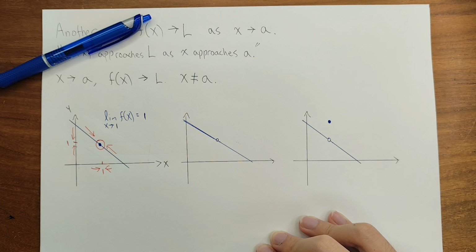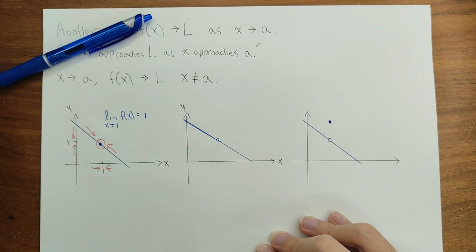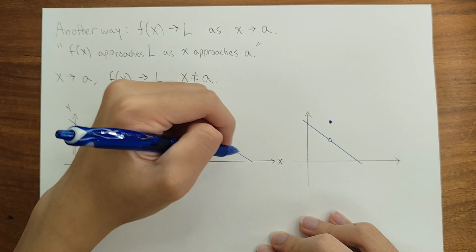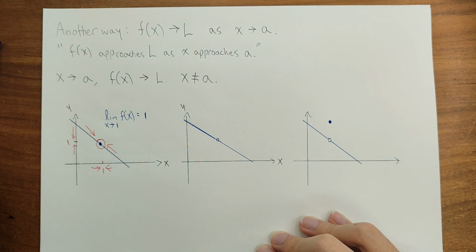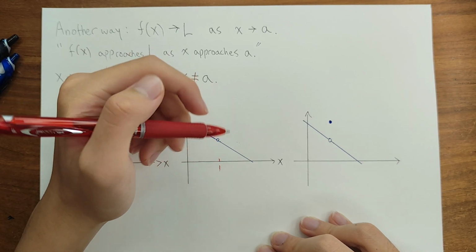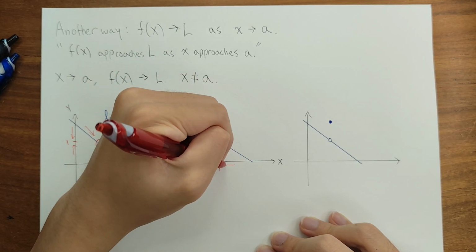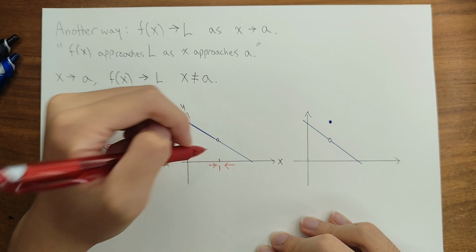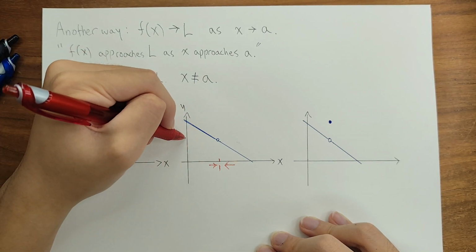Another example is with a not filled center. Okay. So this is still 1. We are approaching 1. Yeah.